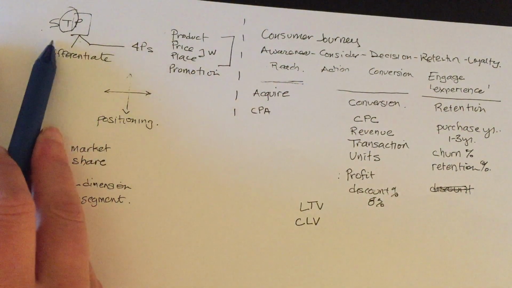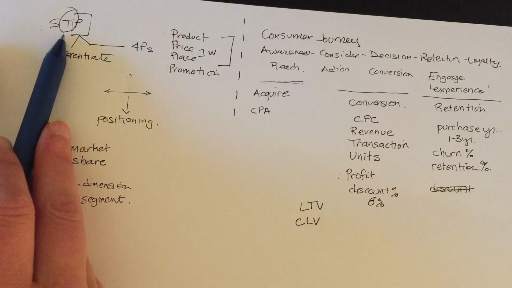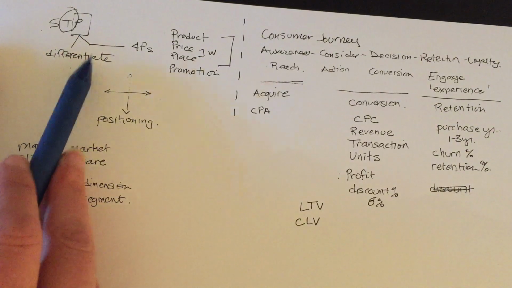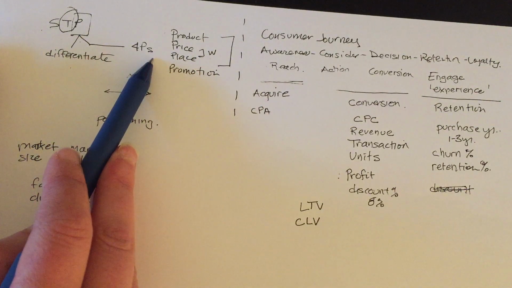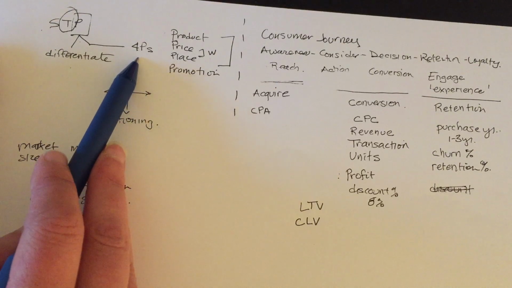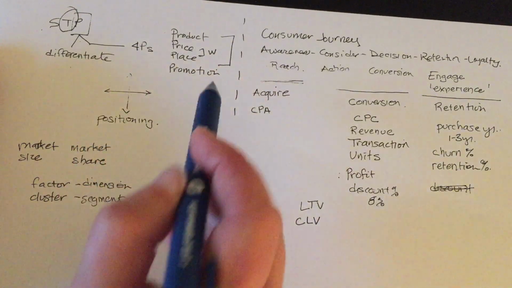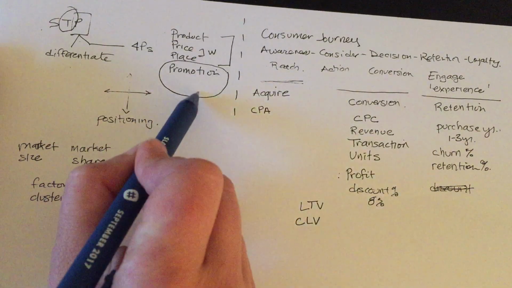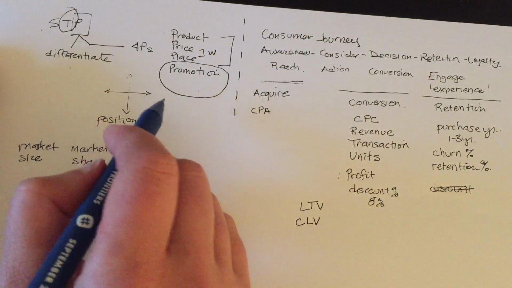If we understand our segmentation and we understand that we have profitable segments of that market that we can target through differentiating the product and having a particular mix of the 4Ps that's going to resonate with our audience, what we're getting into now in terms of our syllabus is talking about promotion, right?